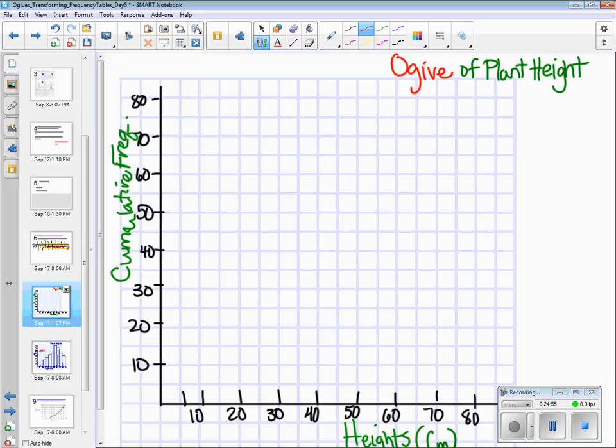And at 10, we're going to be down here at 1. So do I put it in between? That's a really good question. Should we put it in between 10 and 20? Sometimes people ask you to do that, but I'm going to put it on the 10 only because it's the left-hand hash mark. It's not wrong either way. You want to put it in the middle because it's somewhere between 10 and 20? We're not sure? That's fine. You can do that.